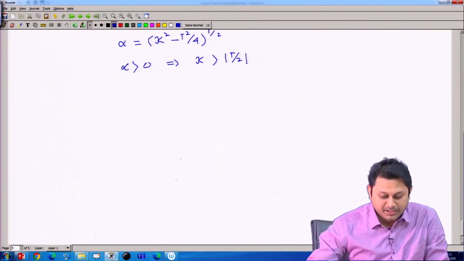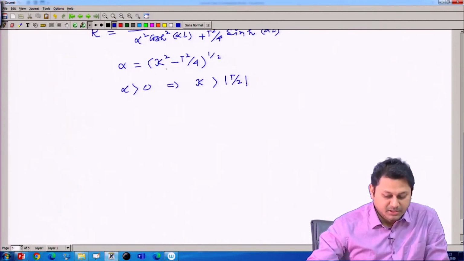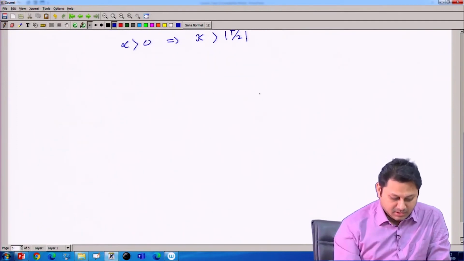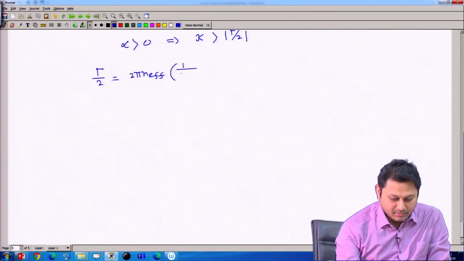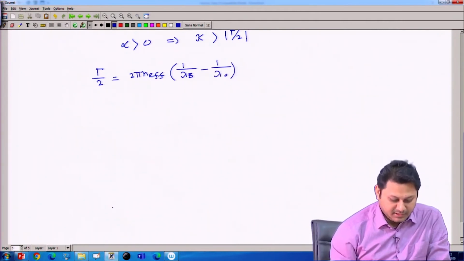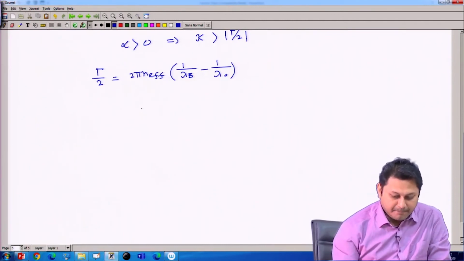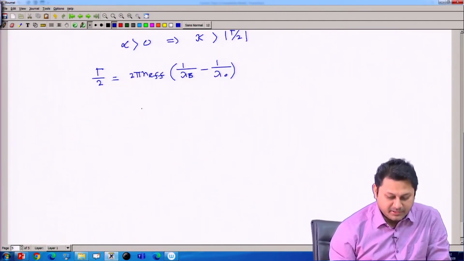Kappa is a coupling coefficient, so it is always positive. So this condition holds. Now we find what gamma is. Gamma by 2 is essentially 2 pi n effective times 1 by lambda b minus 1 by lambda 0. When alpha is greater than 0, kappa is greater than gamma divided by 2, and gamma divided by 2 is this quantity.